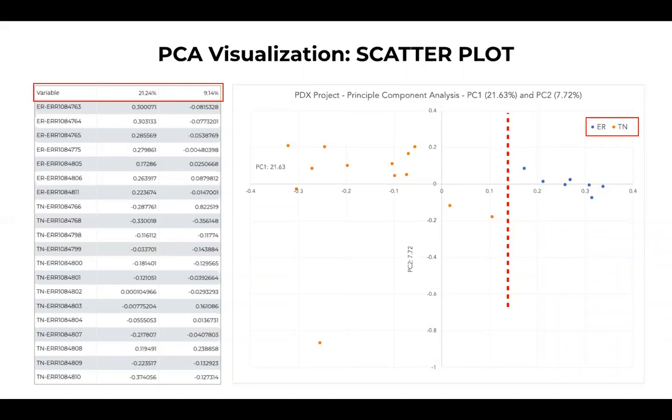Now we can visualize the samples on this scatter plot using PCA. You can see a separation here, that the ER positive and the TN triple negative classes can be separated into two classes. That is something that PCA gives us.